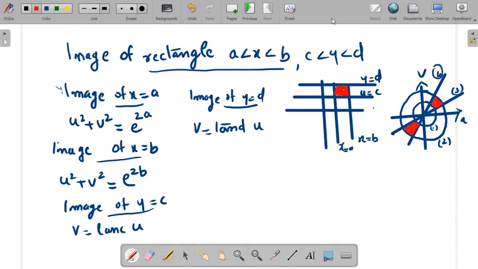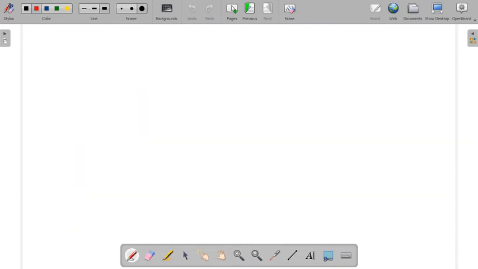Okay, now I move to the next map, w equal to sin z. Of course, we will discuss the region.